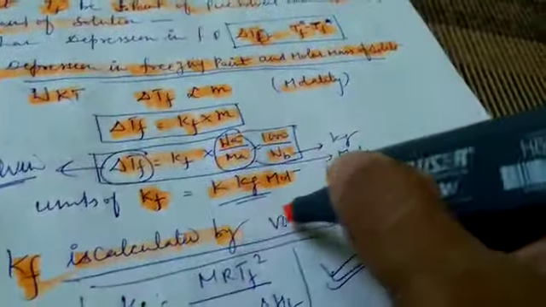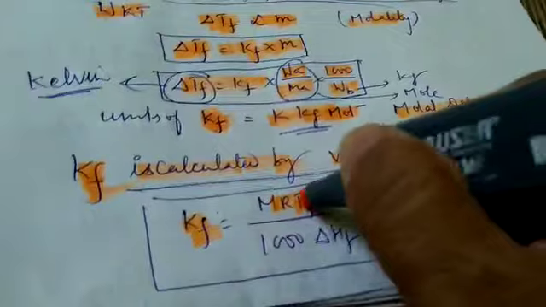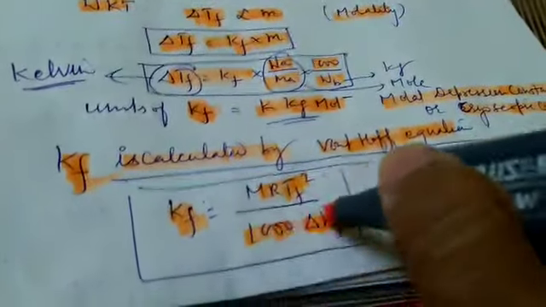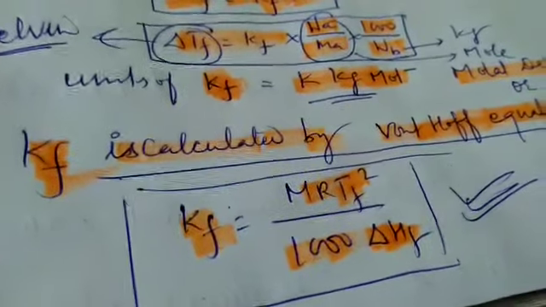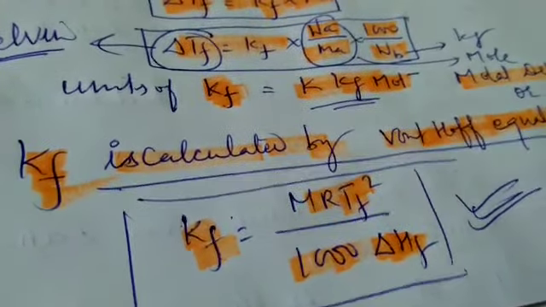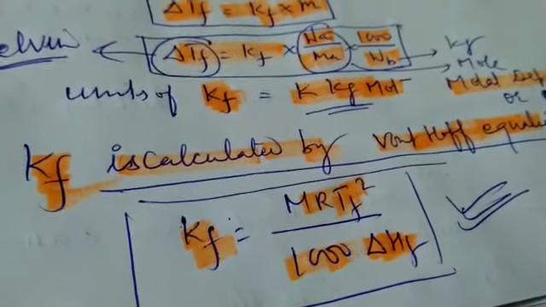How is KF calculated? KF is calculated similar to KB by one half equation, that is KF equals M R TF square upon 1000 delta HF, where M is molar mass, R is gas constant, TF is freezing point of solution, delta HF is heat of fusion.